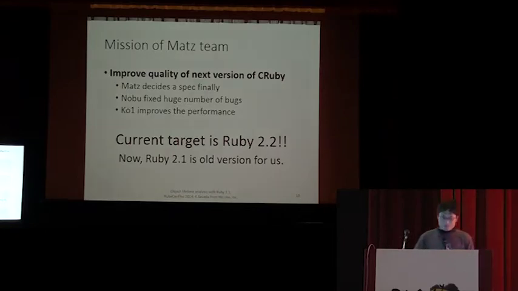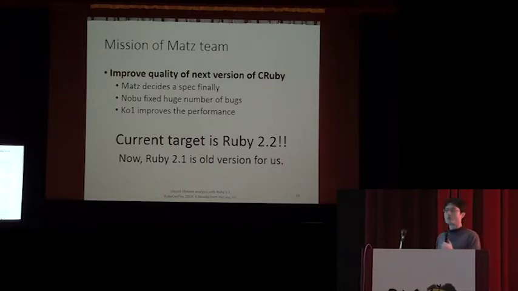Our mission is to improve the quality of the next version of C-Ruby. The next version is Ruby 2.2 just now. Matsumoto-san decides the specification of Ruby, Nakada-san, Nobu fixes a huge number of bugs, and I improve performance. That is my mission.